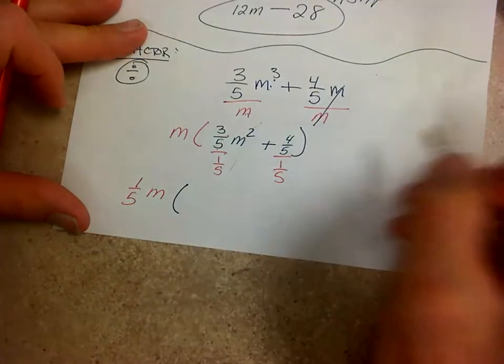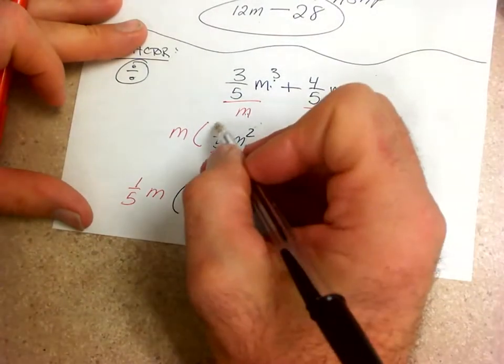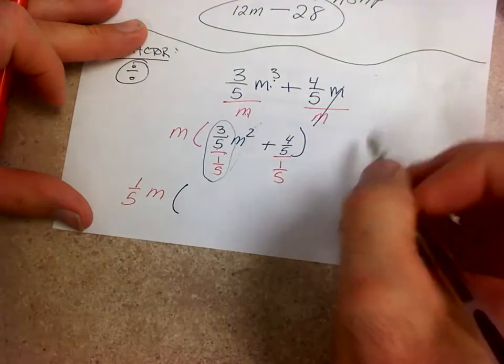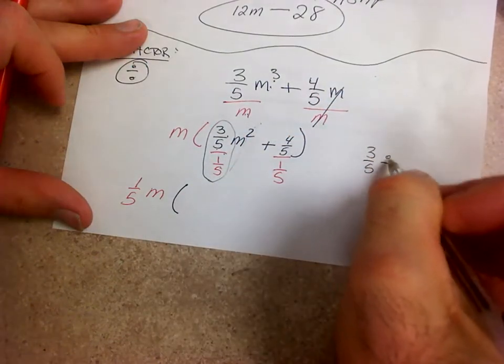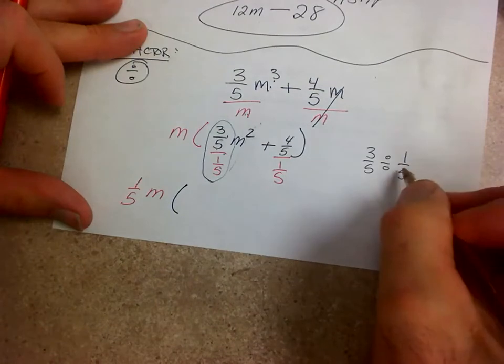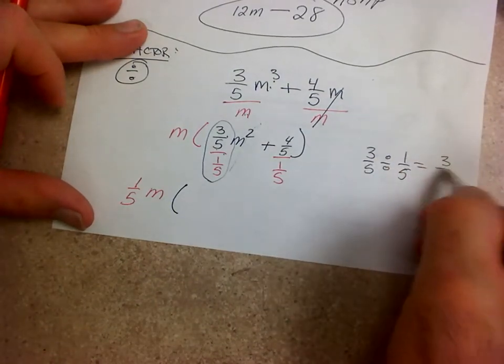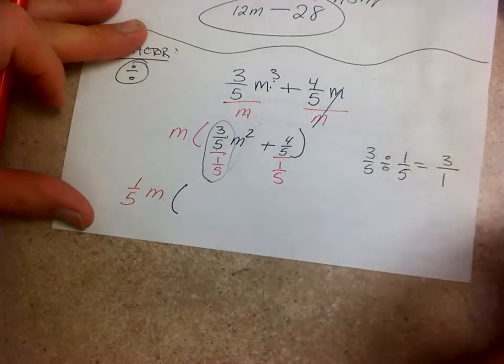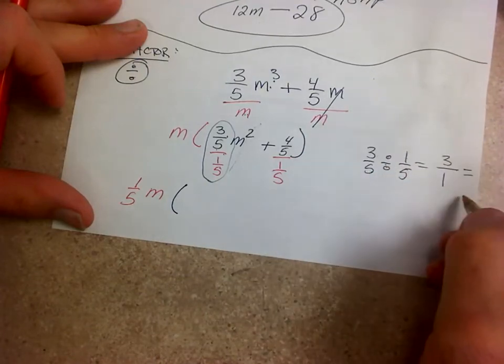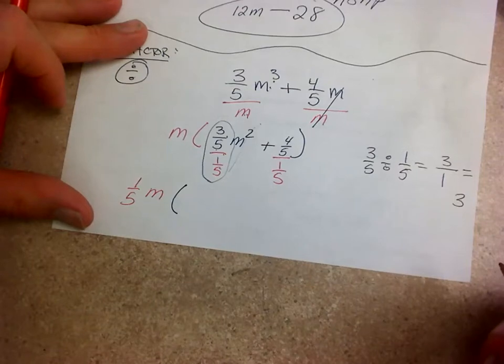3/5 divided by 1/5. So again, if we pull this little piece out, 3/5 divided by 1/5: 3 divided by 1, 5 divided by 5, 3 over 1 is just 3.